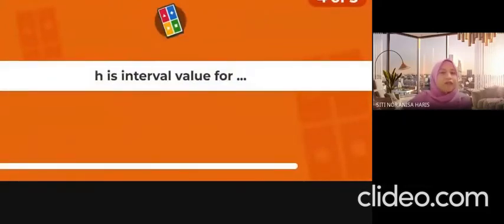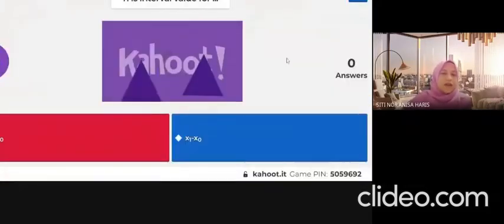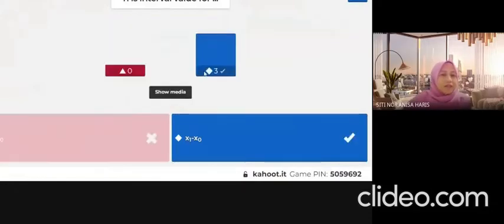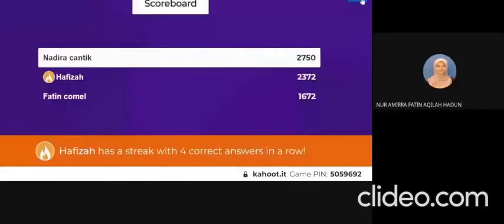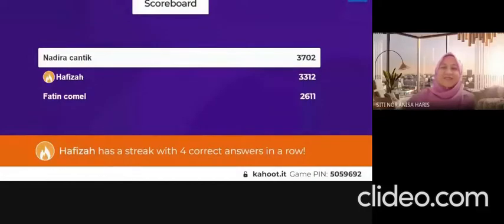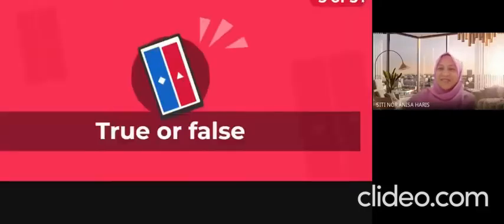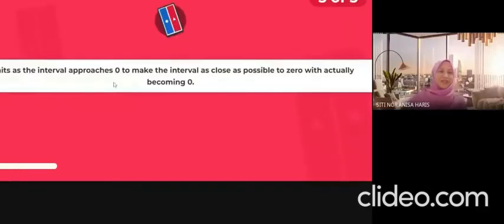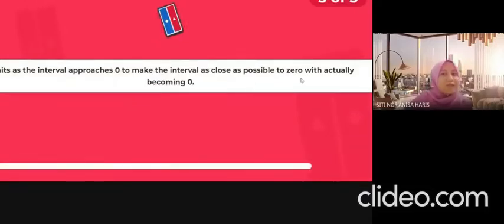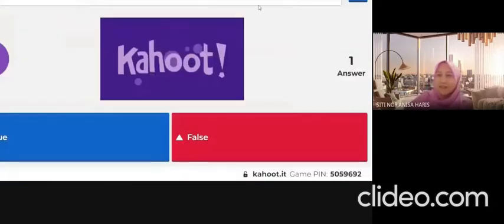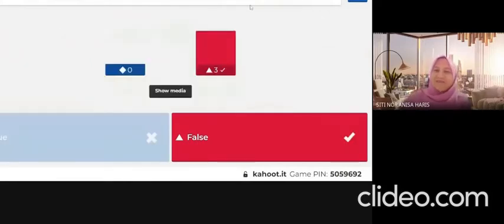H is the interval value for changes. Very fast, good. The last one: the limit as the interval approaches zero, to make the interval as close as possible to zero, we are actually making it zero. So it's quite complete.